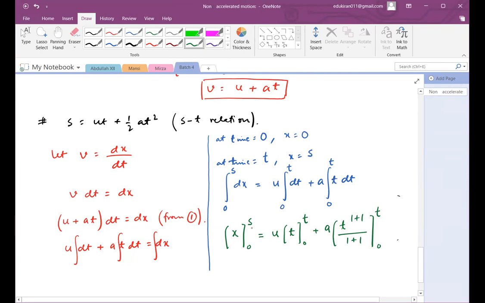Now, if we simplify it, put the value of x as s upper limit and x is equal to 0 as lower limit, and there will be a negative sign in between. t dt, right? So it will be t square. According to the rule of integration, if you have x raised to n times dx, on integrating, it will be x raised to n plus 1 divided by n plus 1. Okay, sir.